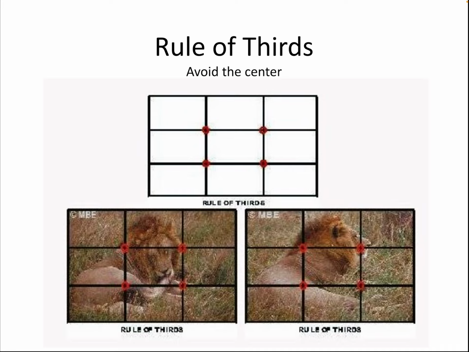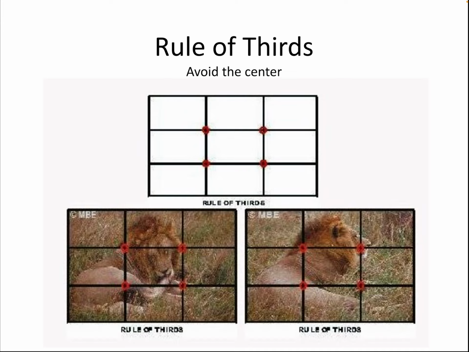A lot of times we tell people to think about the rule of thirds. If you think about your camera, it has this grid in there so that you can compose a good photograph. We find images that have everything just right in the middle to be boring looking.